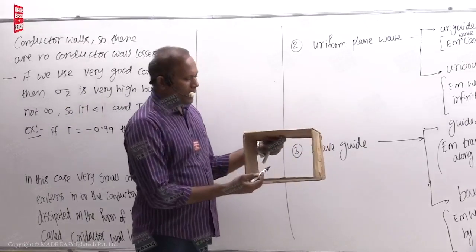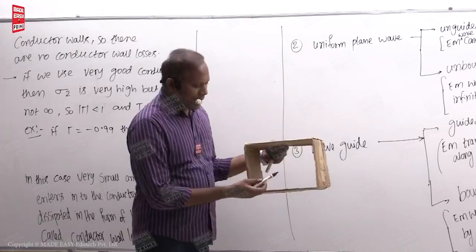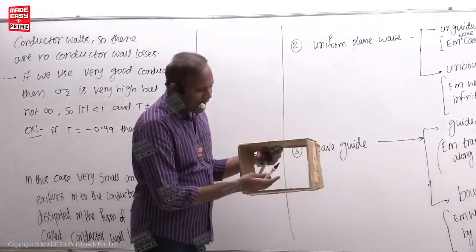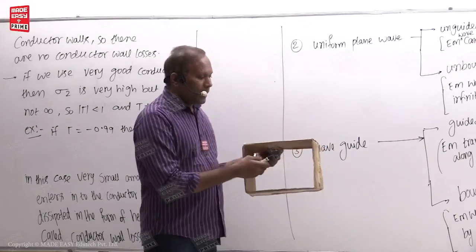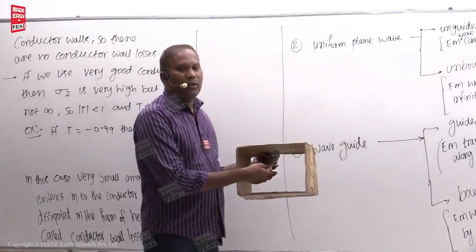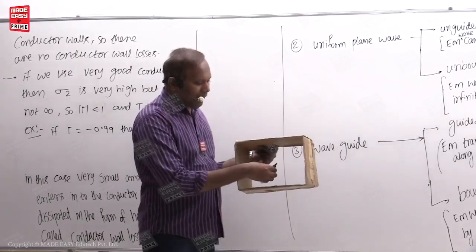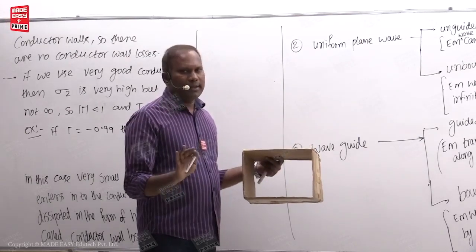Right. Anyway, now I told you, inside the waveguide, this is the conductor wall. Now we spoke of reflections. That story is over. Now here the EM wave is traveling in this medium. Now what do we do? We select a perfect dielectric. For a perfect dielectric, sigma is 0. If sigma is 0, then alpha of this medium is 0. Then there are no losses. That is the story.